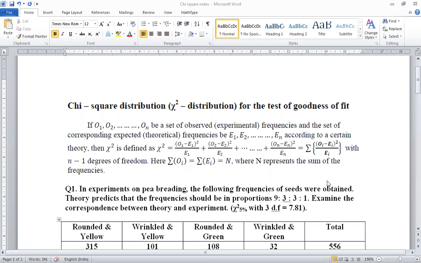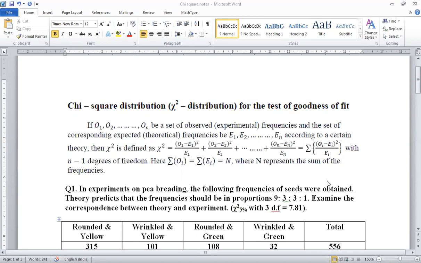If O1, O2, O3 up to On be a set of observed or experimental frequencies, and the set of corresponding expected theoretical frequencies be E1, E2, E3 up to En according to a certain theory, then chi-square is defined as chi-square equals (O1 minus E1) the whole square by E1 plus (O2 minus E2) the whole square by E2, and so on up to n terms, which we can write in summation form as summation of (Oi minus Ei) the whole square divided by Ei, with n minus 1 degrees of freedom.